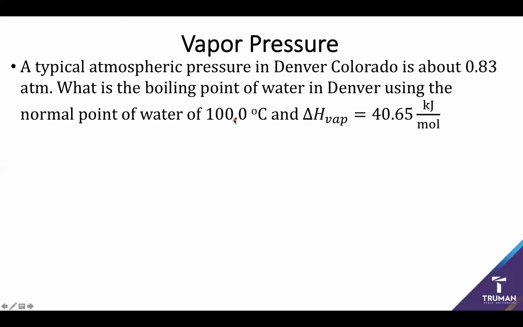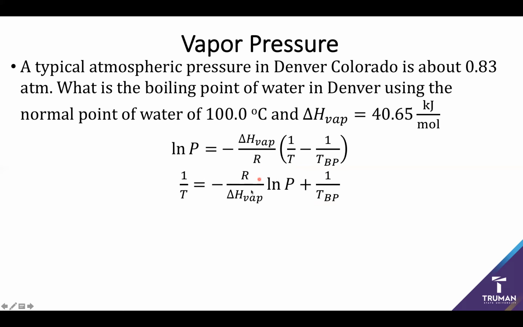If we use the normal boiling point of water as a reference point, so 1 ATM and 100 degrees C, and the enthalpy of vaporization of water of 40.65 kilojoules, watch out for that unit, per mole. We start with our Clausius-Clapeyron equation, and then we realize I'm trying to solve for temperature, so I'm going to have to rearrange it.